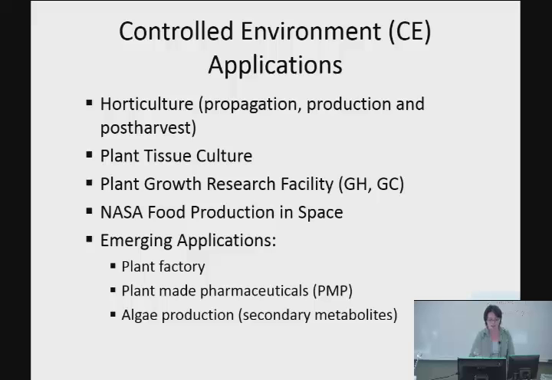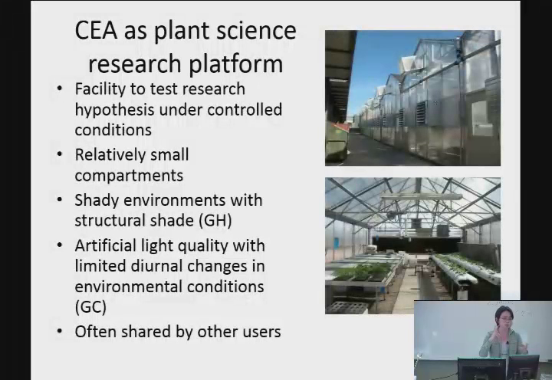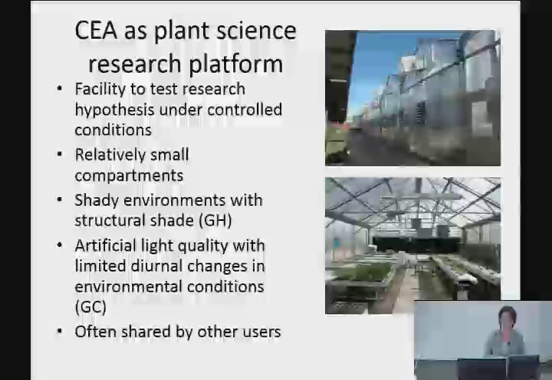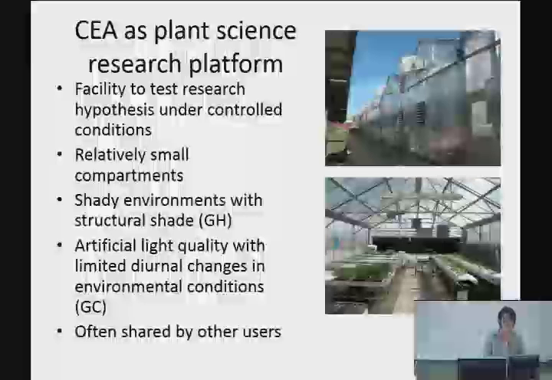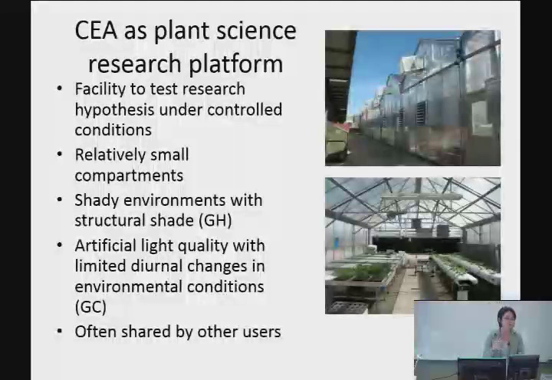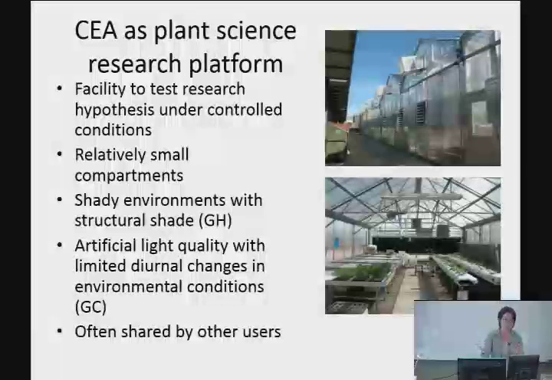And then there are other applications of controlled environment. For those who may not be a grower or who may not be actually working in an area relevant to controlled environment, you can still find this course information very useful, particularly for those going into R&D in the horticulture industry or plant biotech industry.